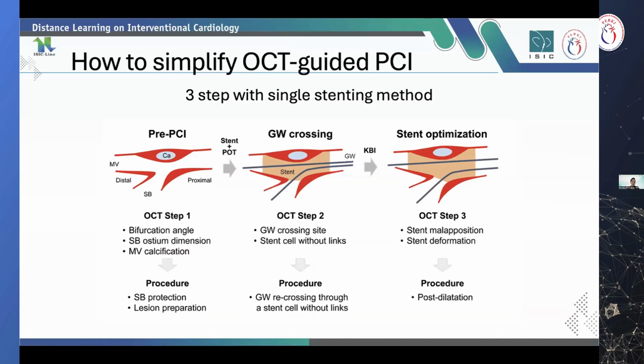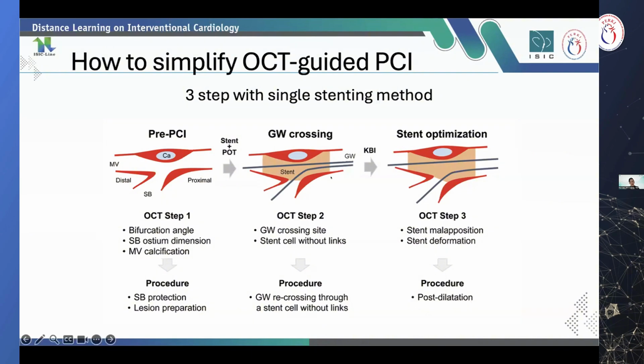I will show you my strategy using OCT later, and we can decide the stent landing zone, and also balloon sizing and stent size and length by using the first OCT pullback.